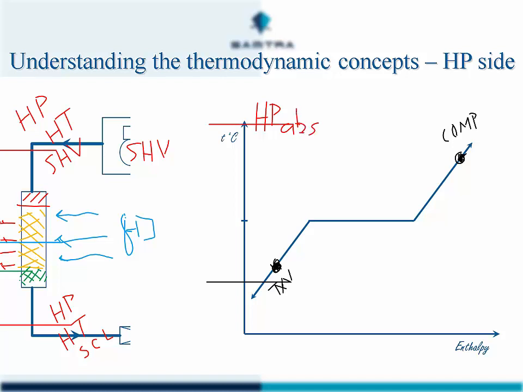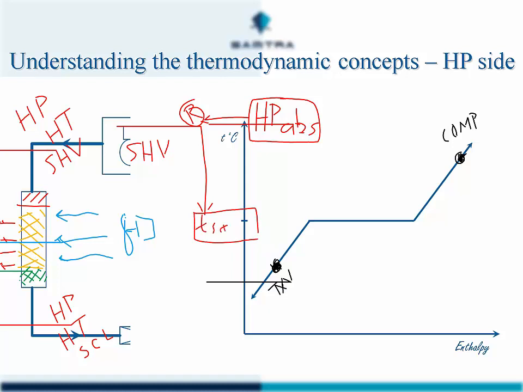Okay, and that high pressure from the vapor tables, whichever vapor tables we are using, will give us the corresponding saturation temperature. Okay, and that is the temperature that will be happening inside our condenser.